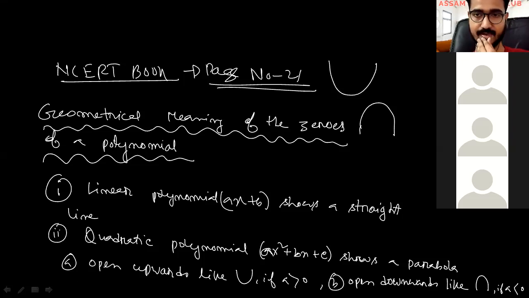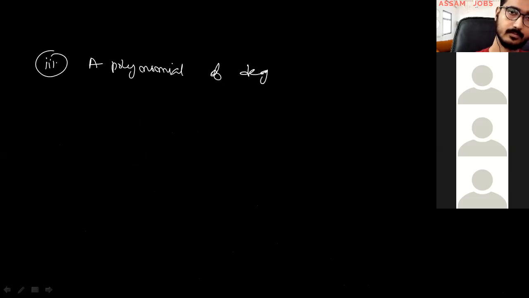After this, finish writing. Then number 3. So a polynomial of degree n. Suppose we don't know the degree. Suppose degree n.